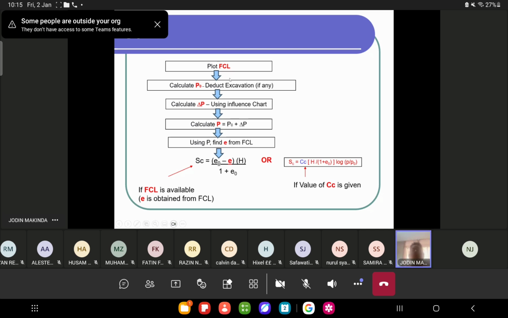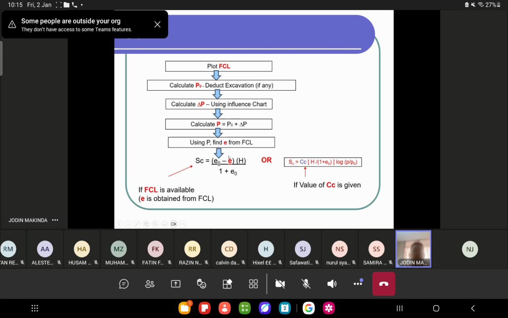Remember this flow. Plot L. If CC is not given, if CC is given, compression index is given, you don't have. Then calculate the stress increment using influence chart and calculate the total stress.